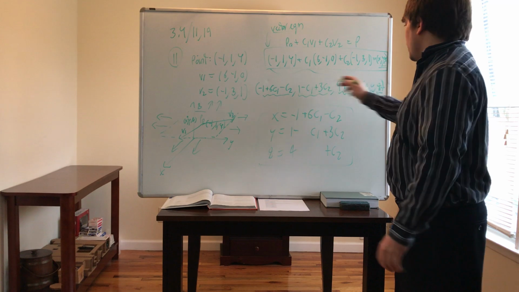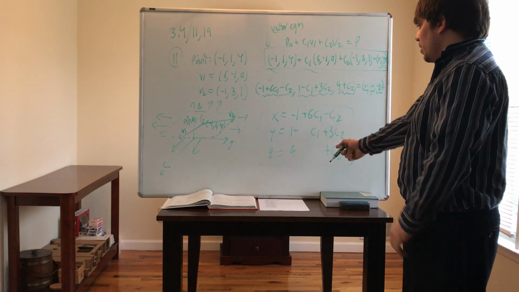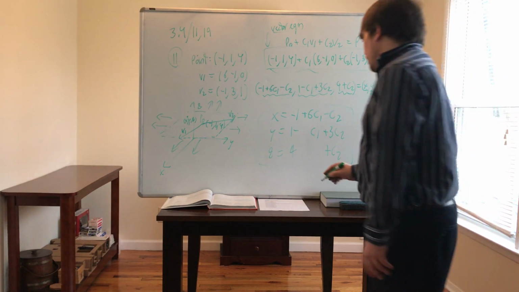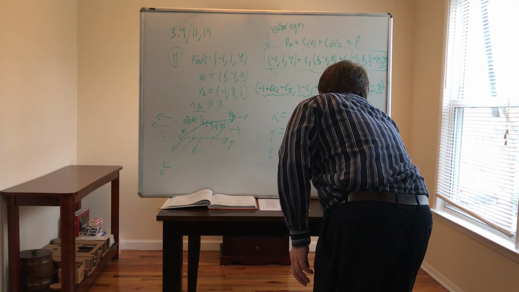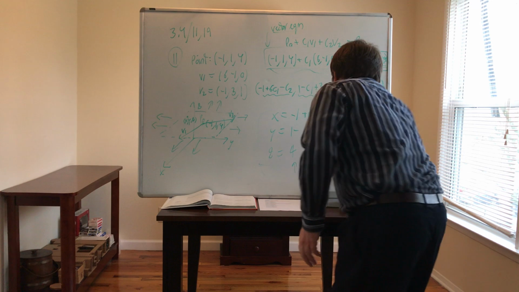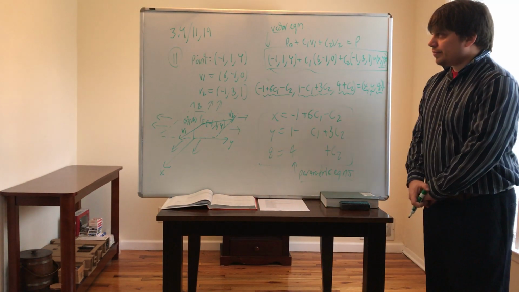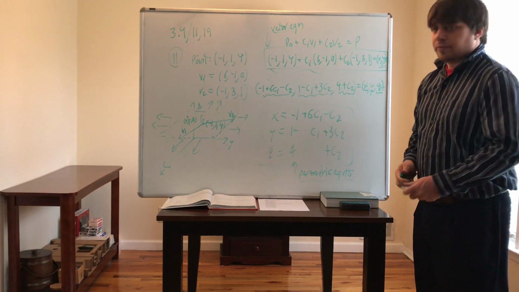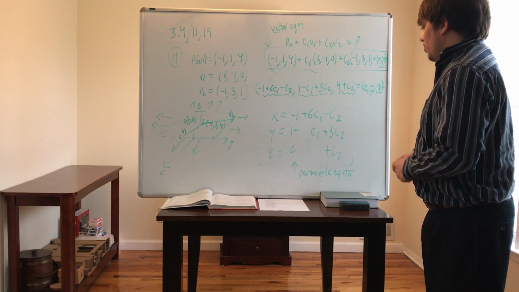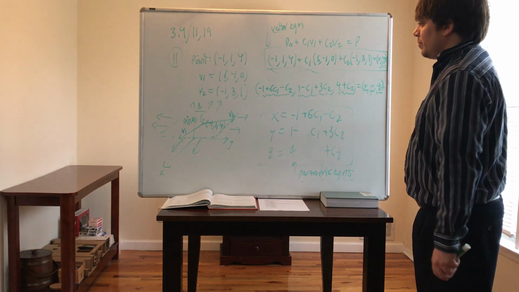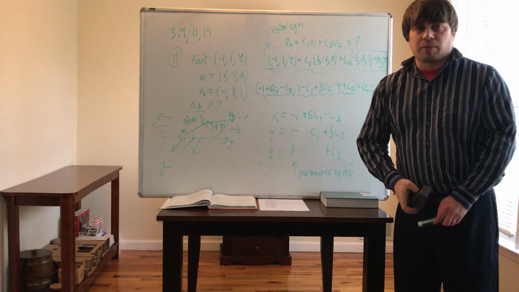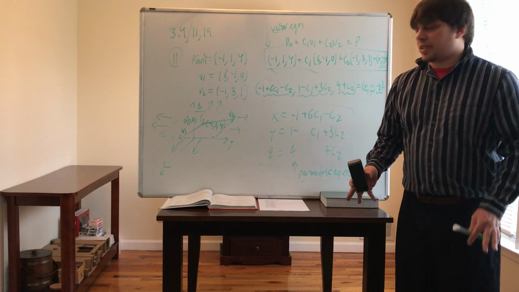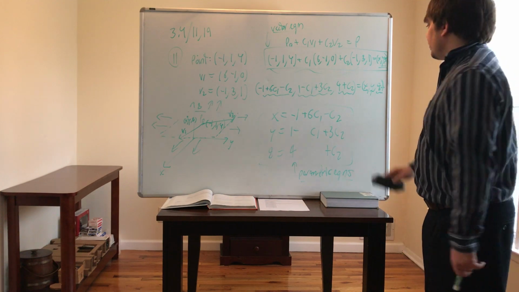X is equal to this, y is equal to that, and z is equal to that. So these are the parametric equations, that's the vector equation. Okay, so that's number 11. Right? And if you try to think about this picture when you try to visualize what's happening in the problem and make sense of why this makes sense.